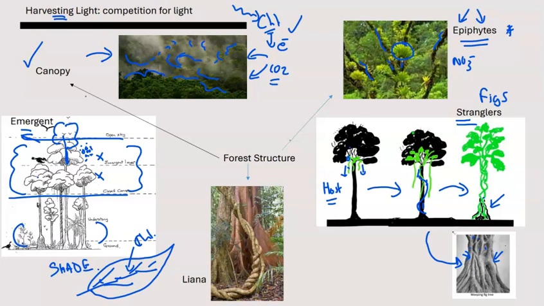Now, in contrast to the stranglers where they're growing downward, there are the lianas, which germinate on the forest floor, and what they will do is to grow around. These are climbers.